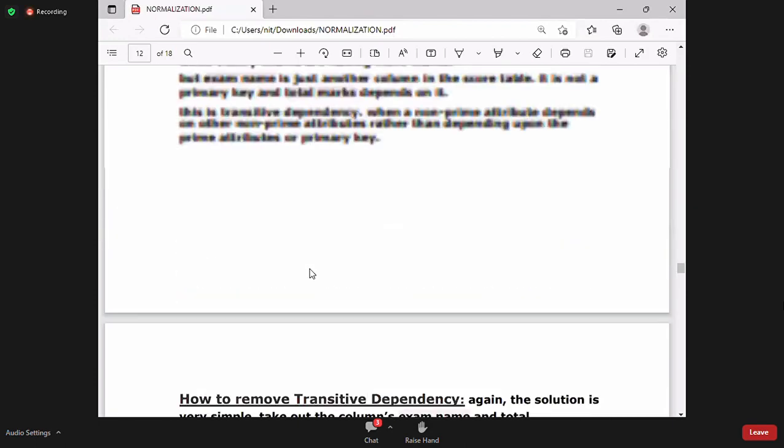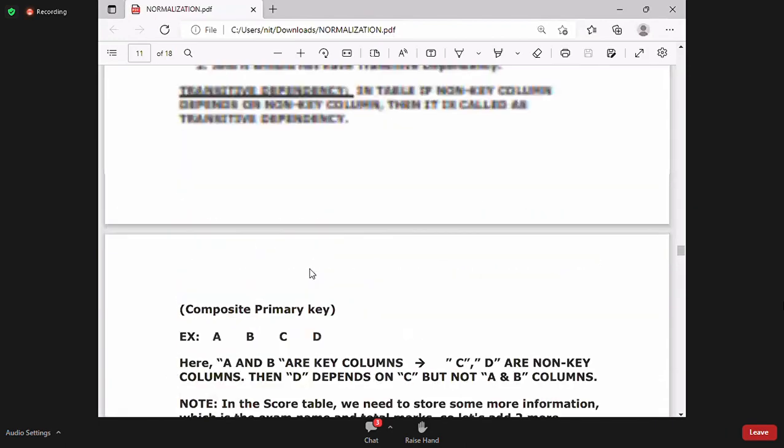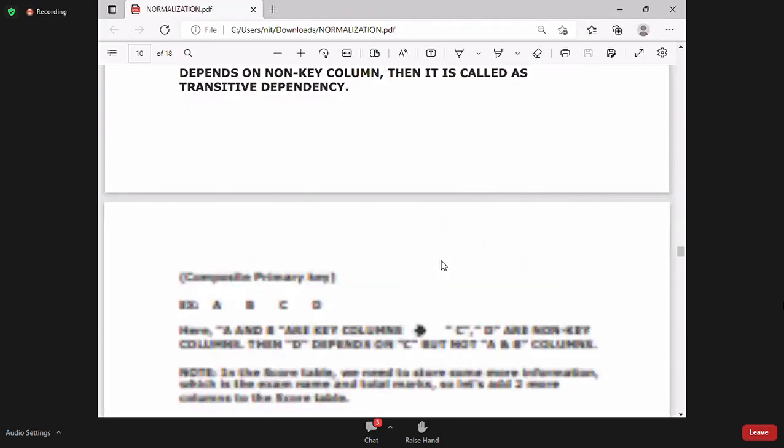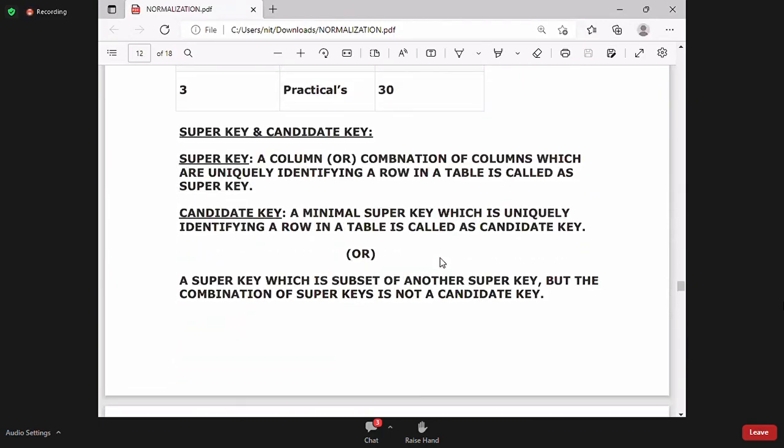So that's why, can you see guys here what we said? When your table should come under third normal form, your table should be in the second normal form. Second normal form means what? No partial dependency columns. Now see, do you have any partial dependency columns?